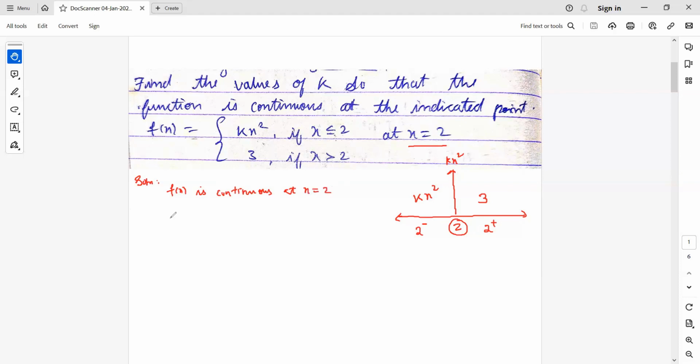Since it is continuous at x is equal to 2, at x is equal to 2, what is the function? f of x is equal to, when it is equal to 2, the value of the function is kx square.